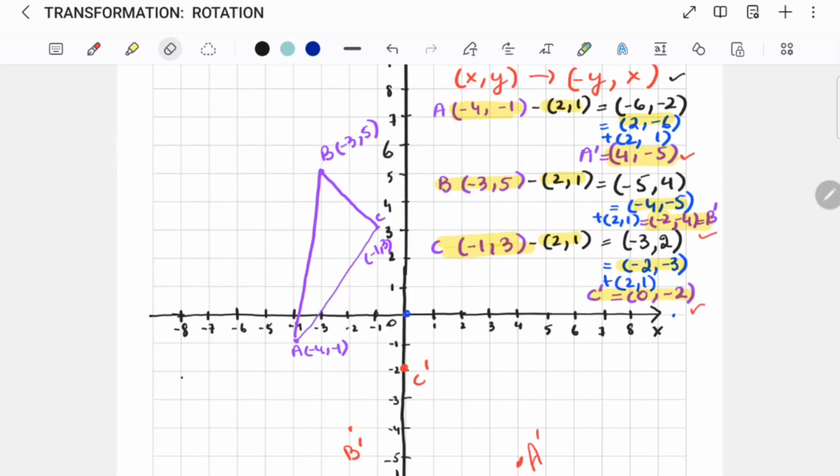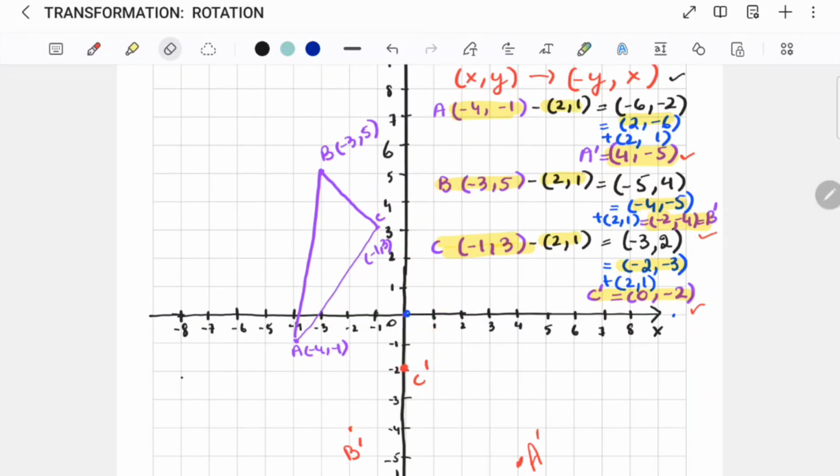See, it was 2 1. Check again for the C. This is the same. Okay, I plotted one number above, so that's why it was not coming the same distance. Your distance will also be the same from the object to the center to the image. Okay, and it's coming anti-clockwise. You can see as well.